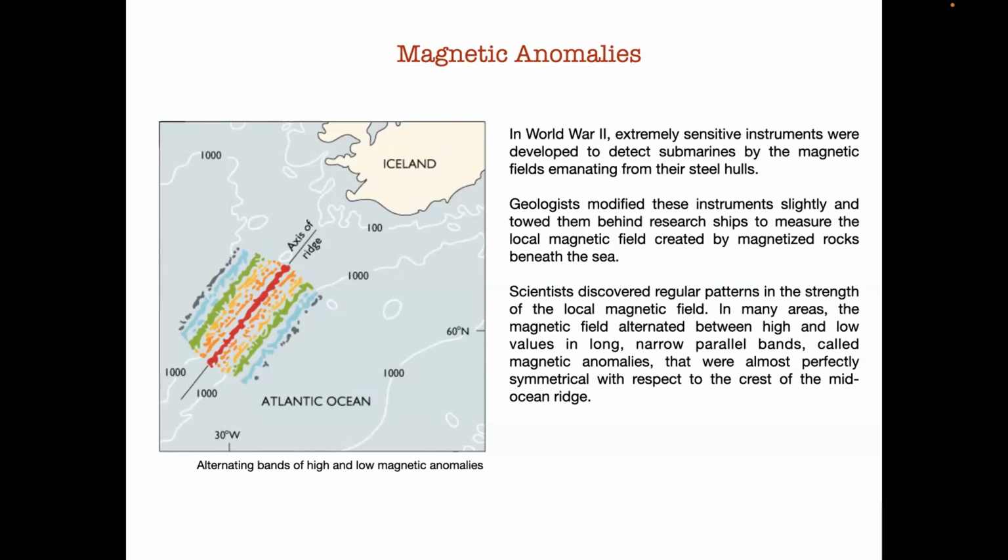People started thinking about why there is a high magnetic field and then a low magnetic field. What could be the reason? Whether the rock beneath the ocean floor, which makes up the ocean floor, is somewhere magnetized, giving this differential pattern. To study these magnetic anomalies, the first ocean drilling project started.